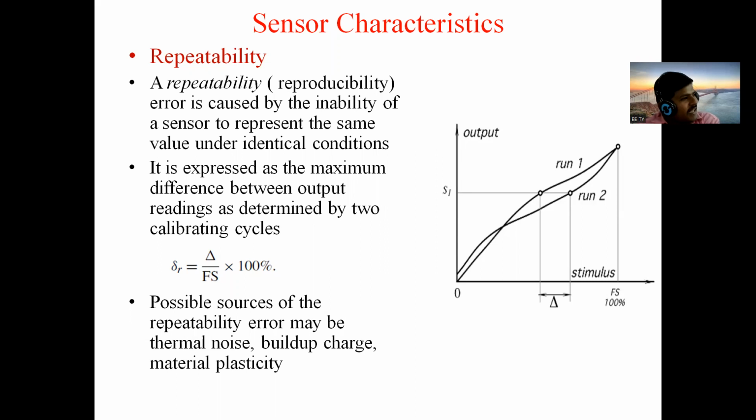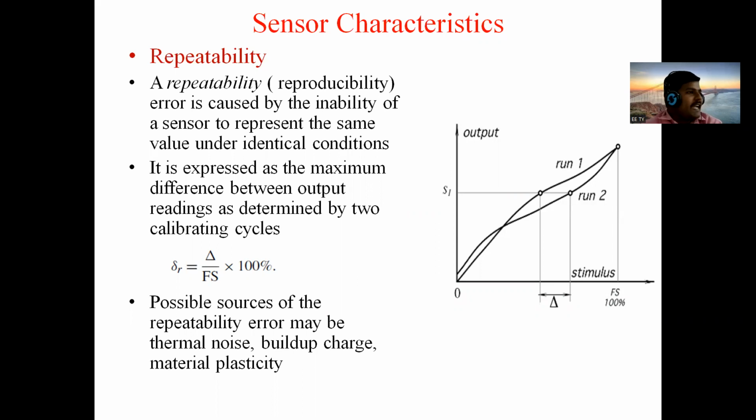Repeated is nothing but the same value again being produced. So repeatability is one type of error which is caused by the inability of that sensor to represent the same value under identical condition.